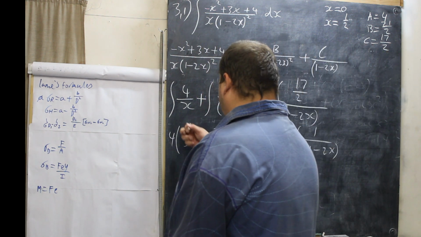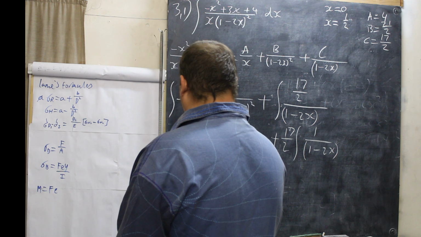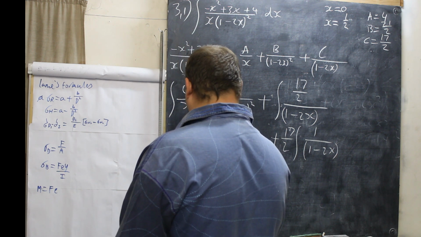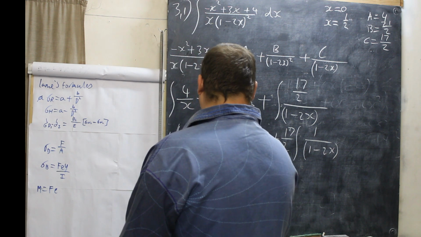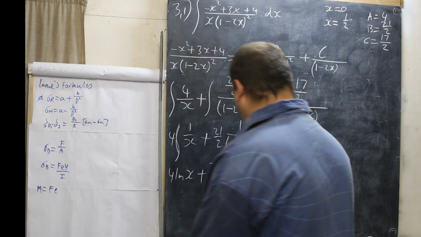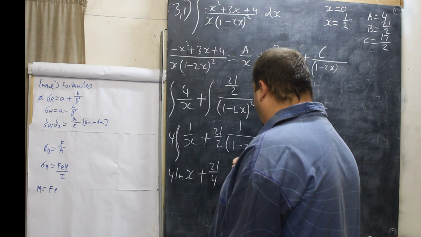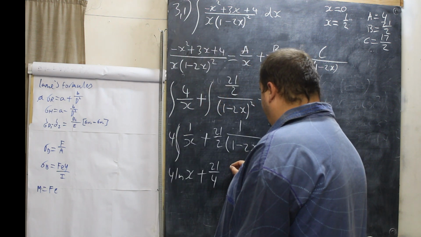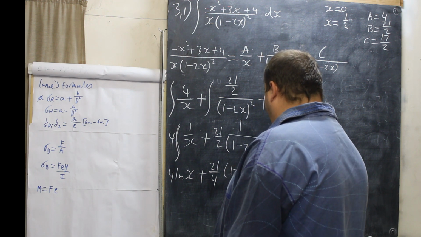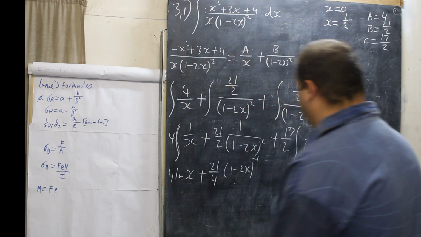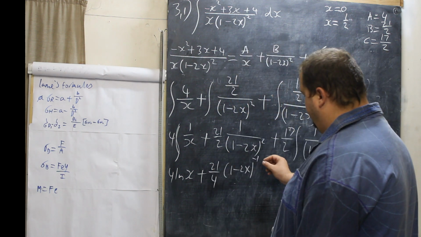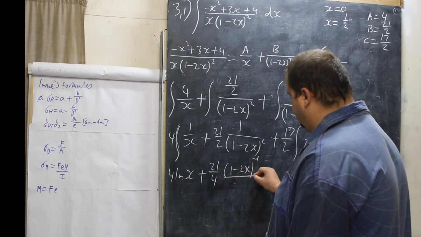So this will be straight ln x, 4 ln x, plus 21 over 4. Now this will be 1 minus 2x minus 1. So minus times minus goes below.